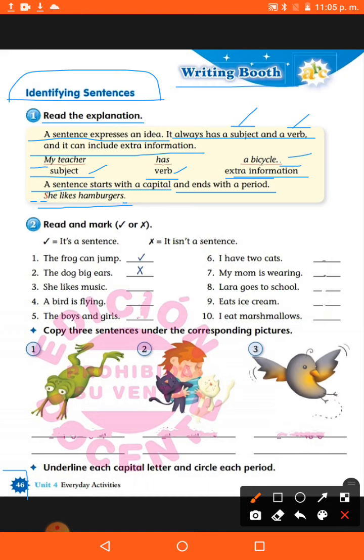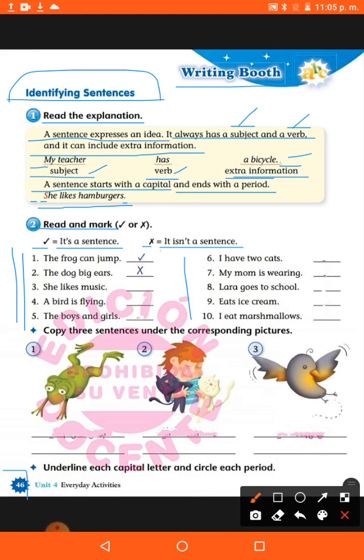In activity number 2, you are going to read and mark. You are going to read every sentence and you are going to mark with a check mark if you think that it's a sentence, or you are going to write a letter X if you think that it isn't a sentence.